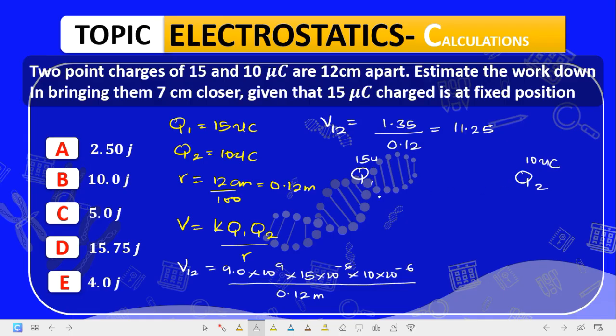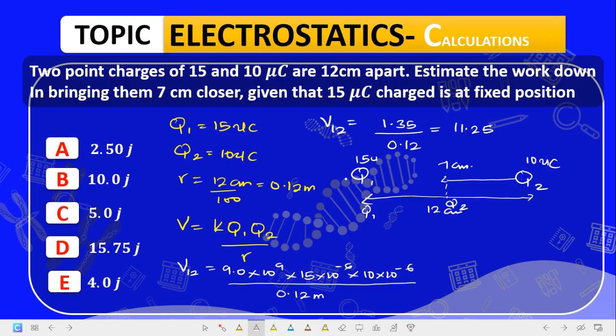Now if the distance of separation was initially 12 centimeter and then you brought it 7 centimeter closer, that is to say the distance from where you carried it to where you are now is about 7 centimeter. This is now our present Q2, and this is your Q1. So what is the distance of separation between Q2 and Q1? It will be 12 minus what? 7.